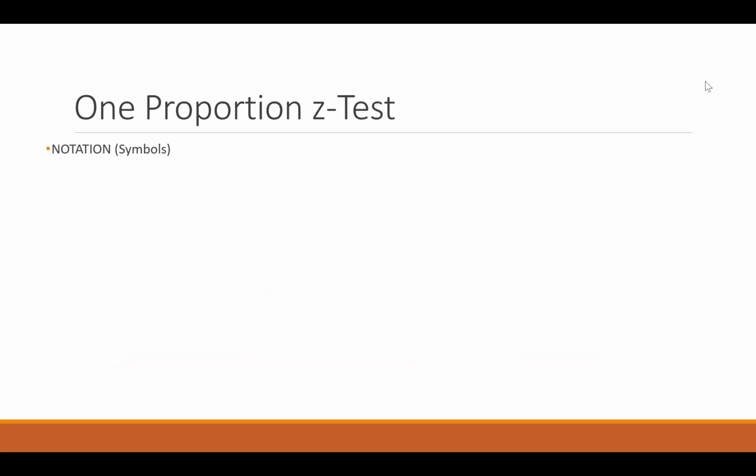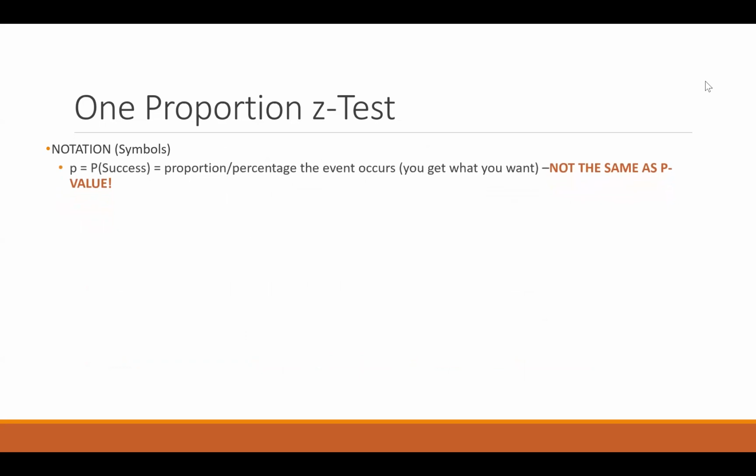There's some different notation, different symbols that you're going to see with a 1 proportion z-test, so I want to introduce you to those. We use a lowercase p to represent the probability of success. That's either the proportion or the percentage that the event occurs, that you get what you want.